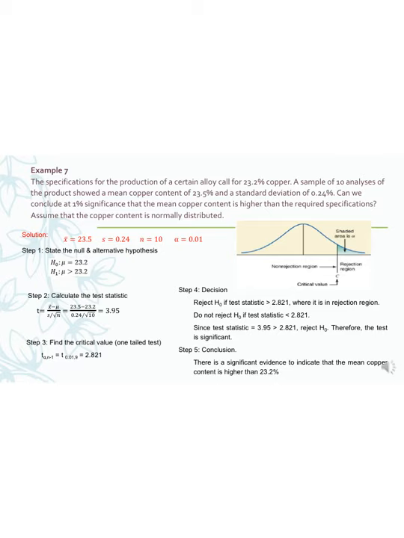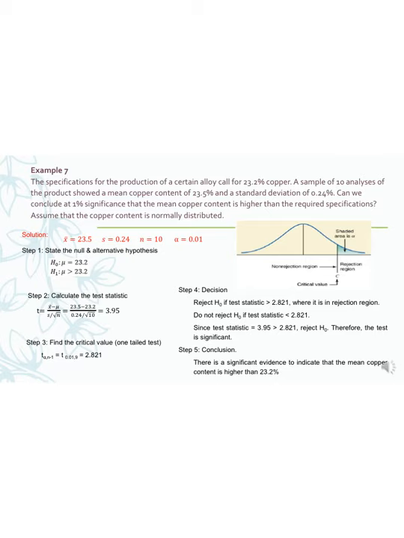Based on this example, the sample size here is 10, which is less than 30, and we do not know the population variance or population standard deviation. So we have x bar equals 23.5, sample standard deviation 0.24, n equals 10, and alpha here is 1% or 0.01.